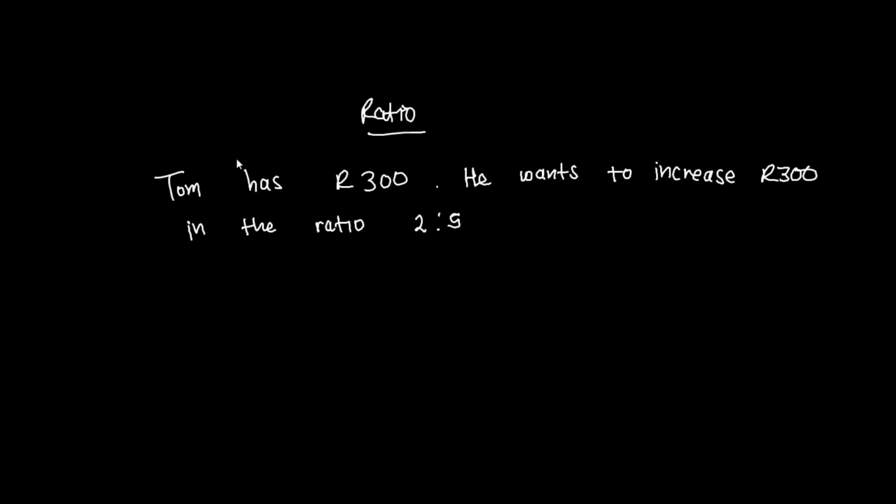So if he wants to increase this amount, that means that 300 rand is currently represented by 2, and we need to find the value of 5. So the golden rule of ratio is divide by what you know, multiply by what you want to find.